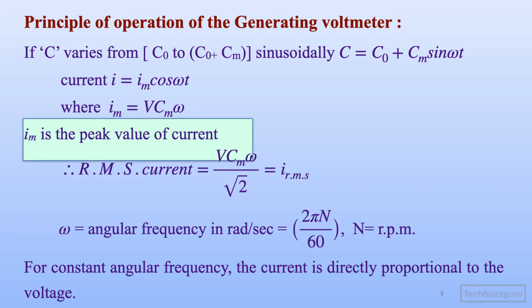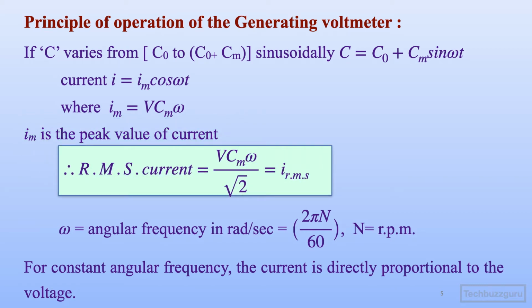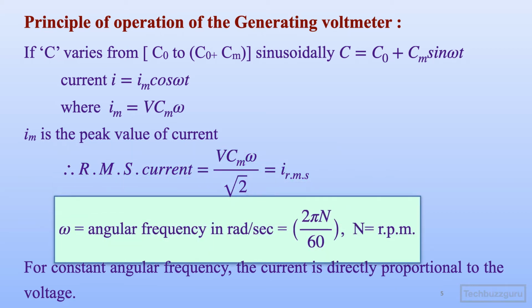Once we know the peak value of current, it can be rectified to obtain the RMS value, which will be given as the ratio of peak value to root 2, this being a sinusoidal waveform. So V Cm omega upon root 2 will be the RMS value, and omega is the angular frequency in radians per second.